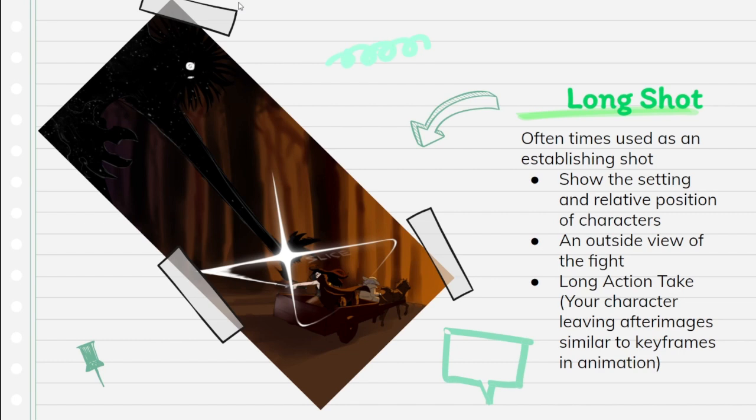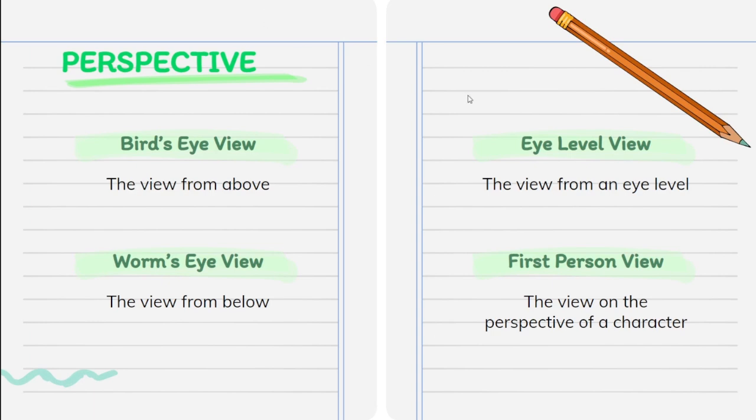So if you have the opportunity to do this shot, you can maybe use it to show the environment, but you can also use it to flex your long camera shots. I think this is used a lot in webcomics such as The God of High School, and also Solo Leveling if you've heard of it. So that's it for the camera shots, and the next thing would be the perspective.